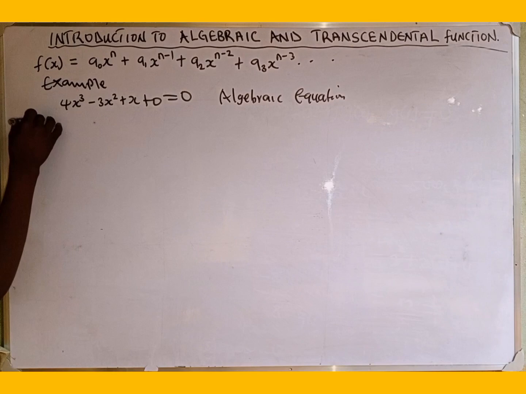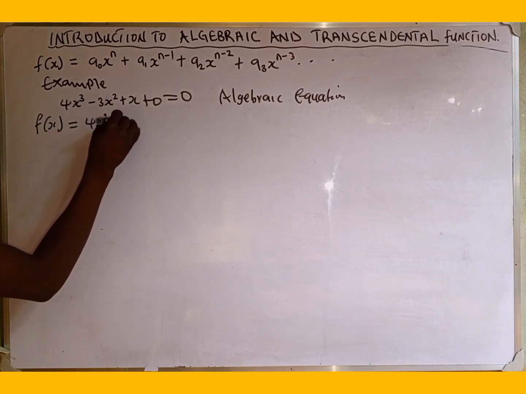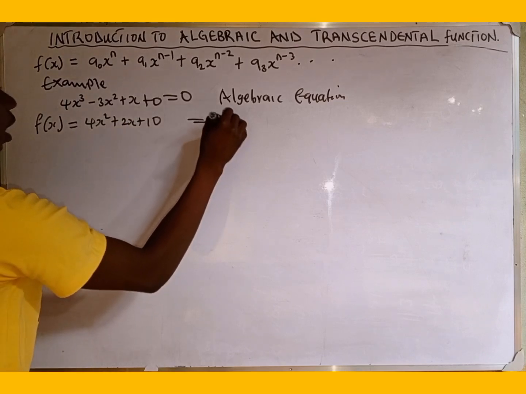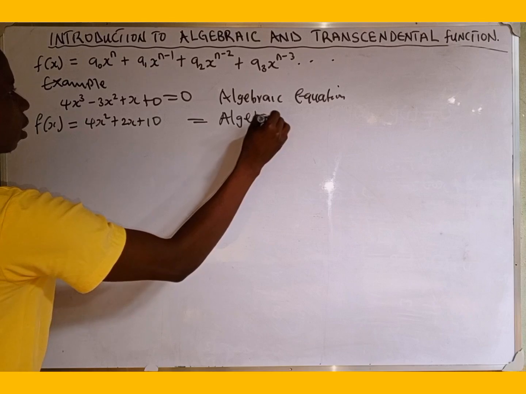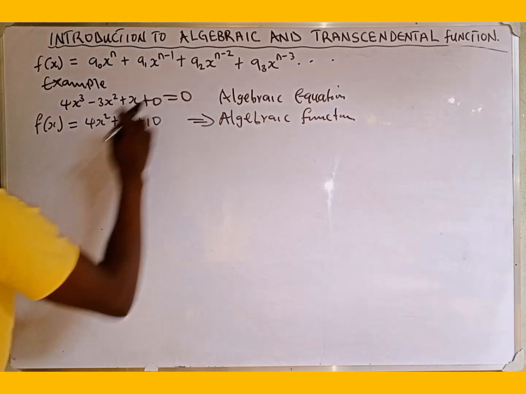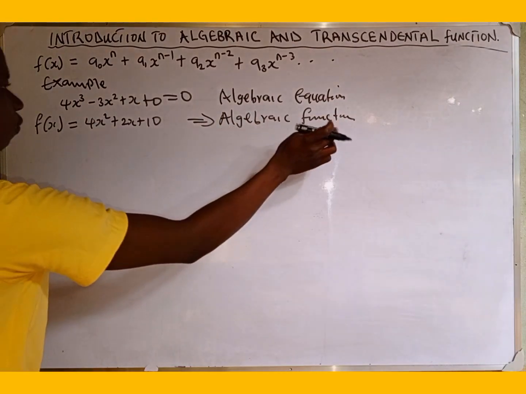But if you are given a function f of x is equal to 4x squared plus 2x plus 10, this is called an algebraic function. So this implies an algebraic equation, and this is an algebraic function.